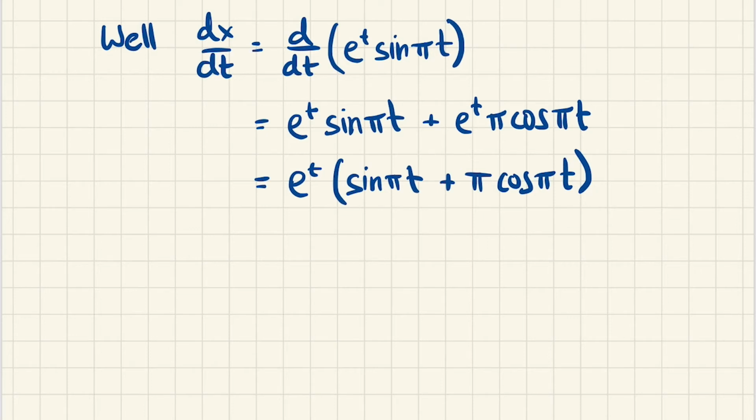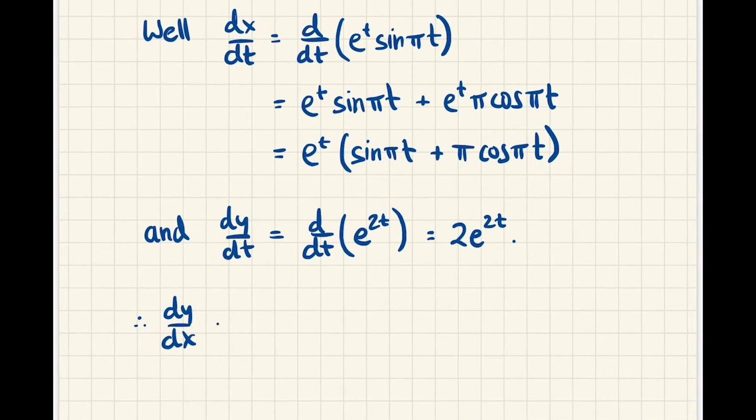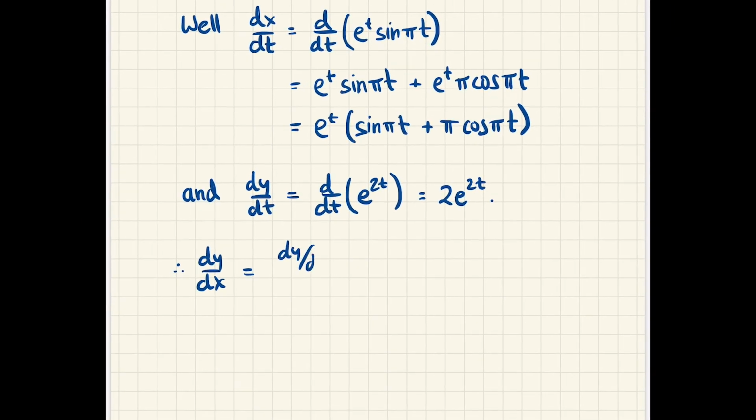Okay, so there's our dx/dt, which will ultimately be the denominator of our dy/dx. Of course, we also need dy/dt, which is the derivative with respect to t of our y function. This one seems a little more straightforward. There we are. So returning to dy/dx, we have this guy worked out, and we have this guy worked out, so let's put them together.